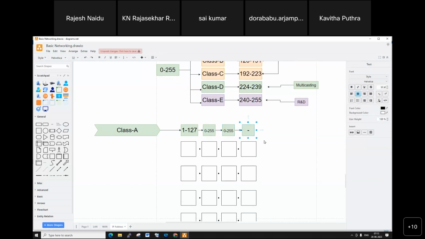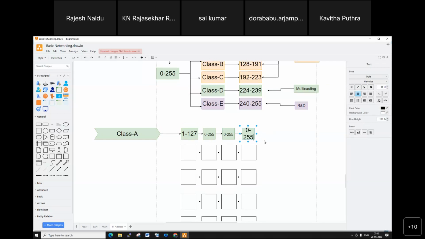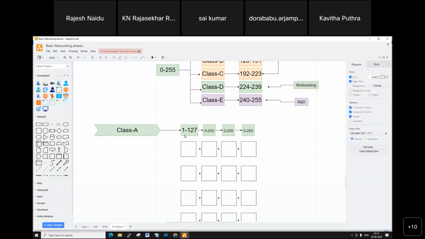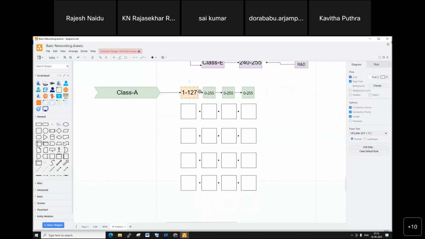I hope you understand now. What is the next concept? In the network, with the 1 to 127 combination, we can create multiple networks. How many networks are available in class A? 127 networks are there.